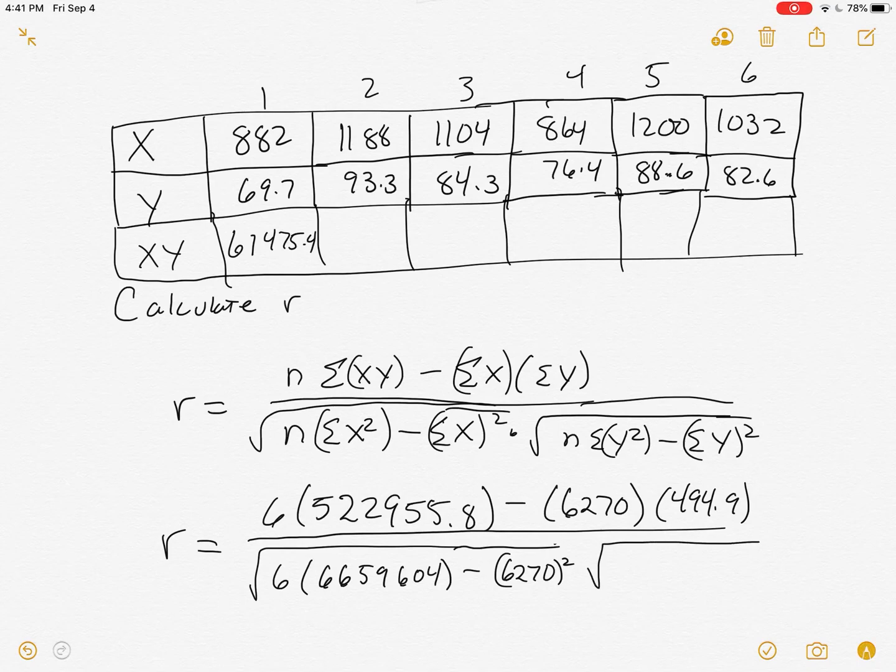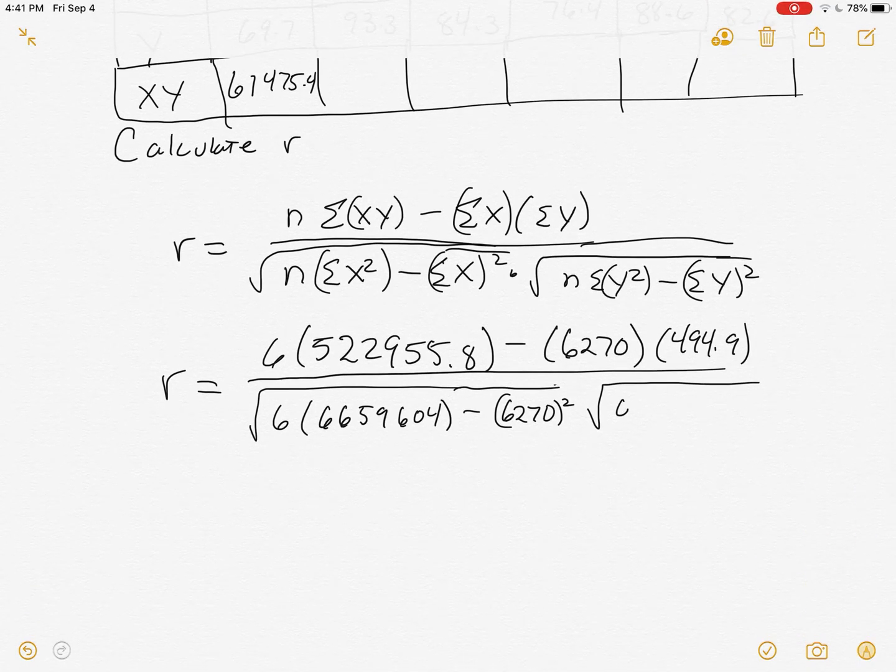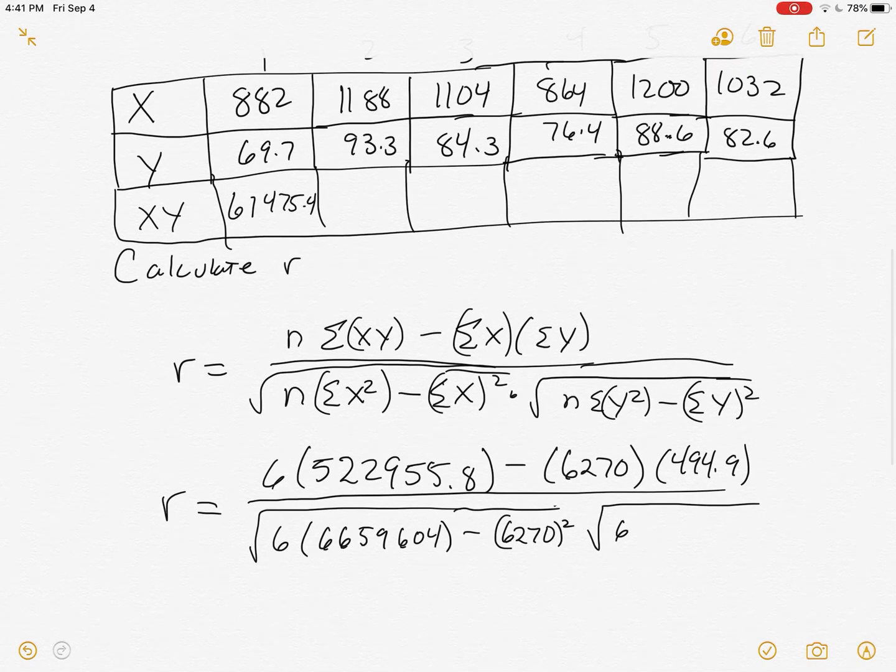And then that's times the square root, and again it's 6, and now I got to square these: 69.7 squared, plus 93.3 squared, plus 84.3 squared, plus 76.4 squared, plus 88.6 squared, plus 82.6 squared. And so I just make sure that I have all the right numbers, that I have 6 of them, and then hit equals, right? So there's ways to combat that.